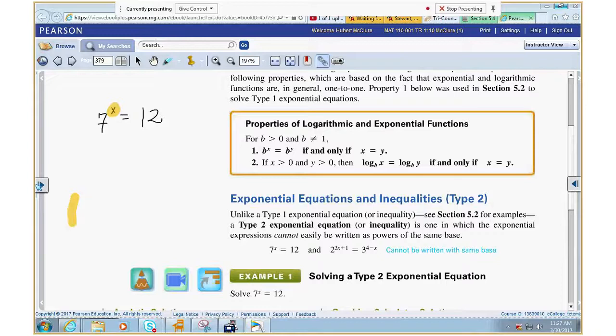And you can't do the same base with 7 and 12. Why? Because 7 is a prime number. So you can forget changing the base. So that means you're going to take the log of what? Both sides.